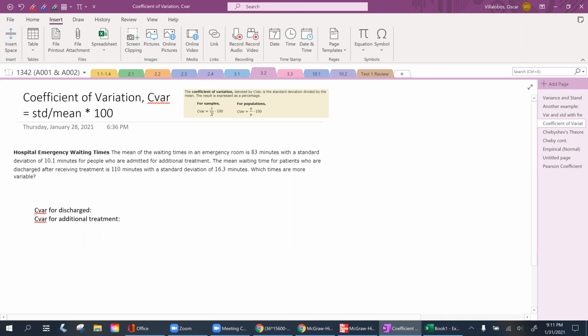So here I'm going to go ahead and find these formulas for both of these. So for the CVAR for discharge, is it the top information or my bottom information? It's going to be my bottom information. Let's find our standard deviation, which is 16.3 divided by the mean, which is 110, multiplied by 100.